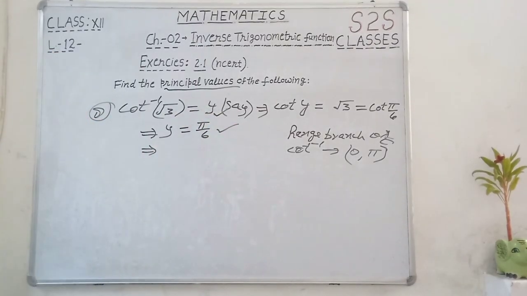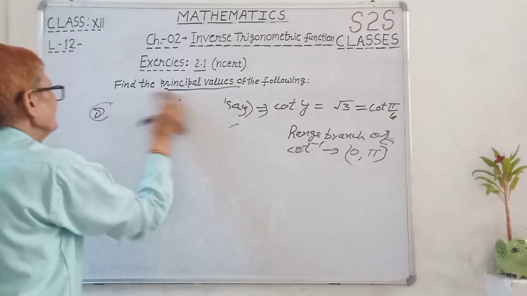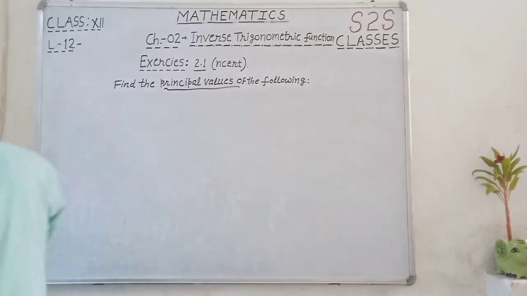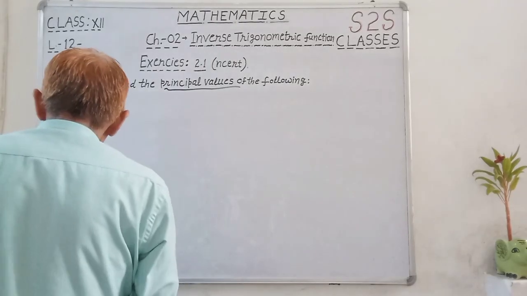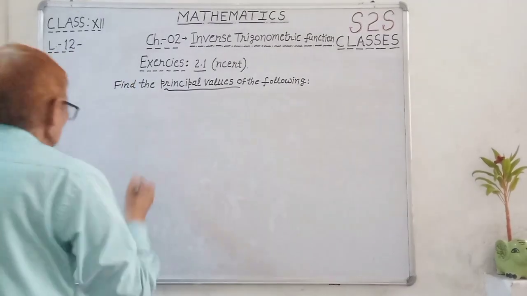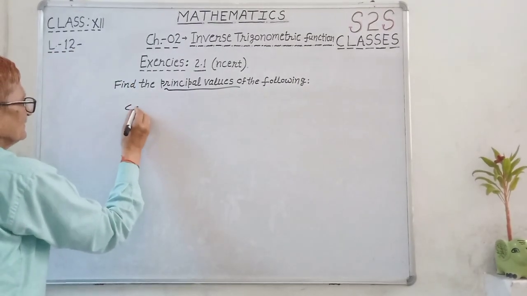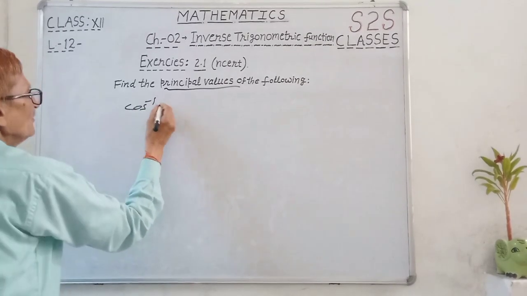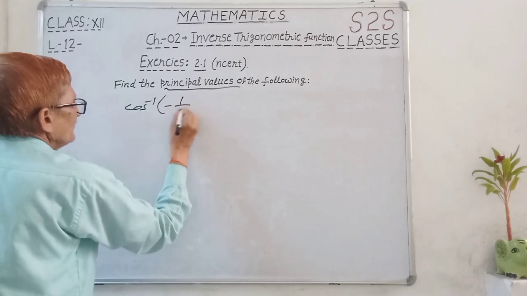Okay. Next question, question number 9. Question 9 is cos inverse of minus 1 upon root 2.